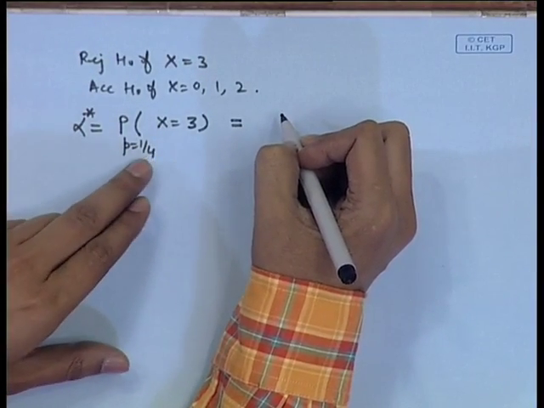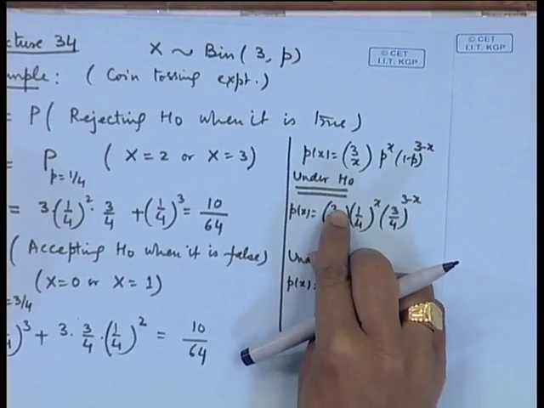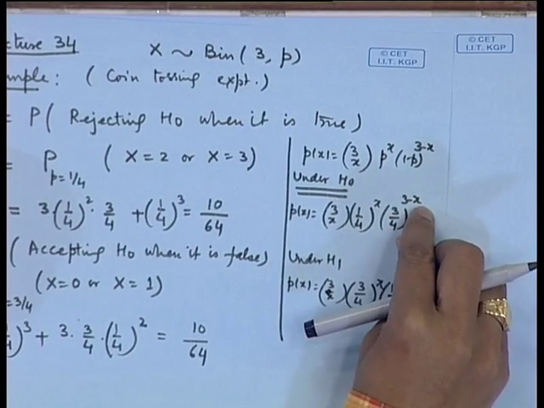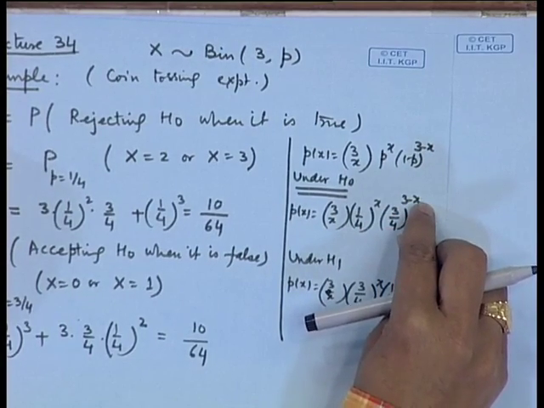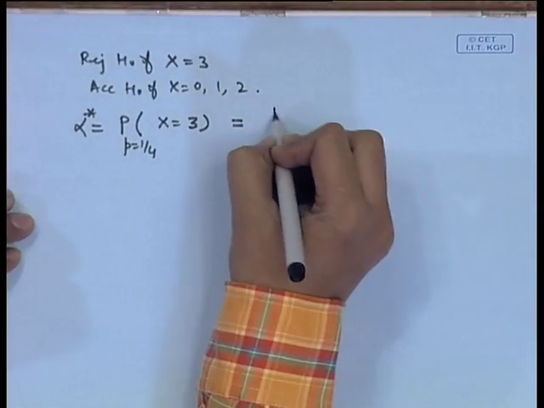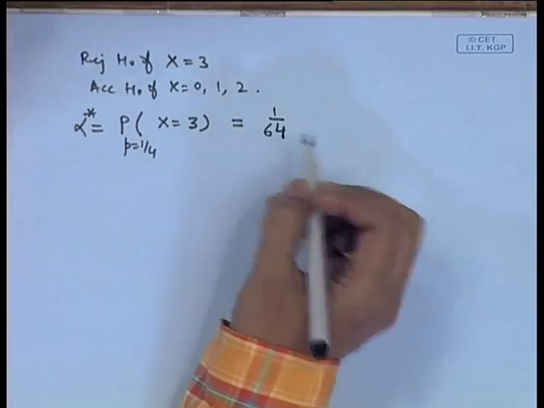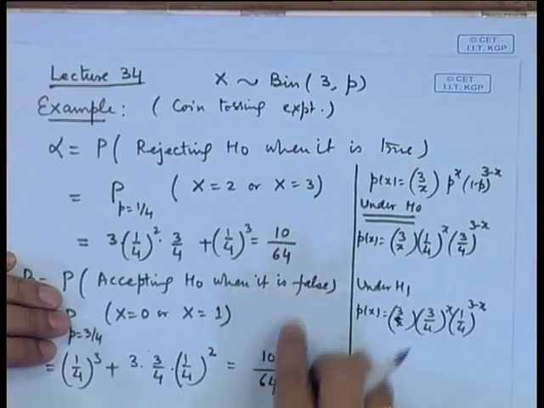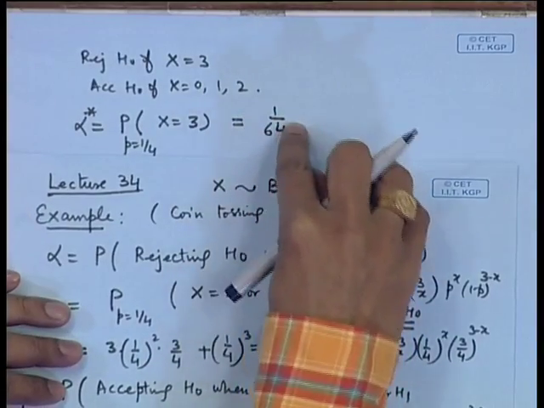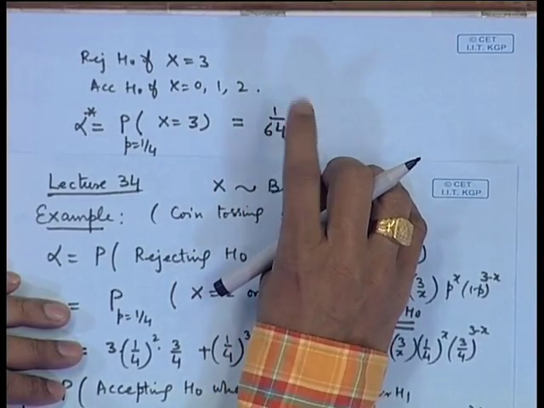So, when p is equal to 1 by 4, we noted down the distribution here, 3 c x 1 by 4 to the power x, 3 by 4 to the power 3 minus x. If we substitute x is equal to 3 here, I get 1 by 4 cube, that is 1 by 64. So, naturally you can see here that the earlier test is having alpha equal to 10 by 64, this is having 1 by 64. So, this is having a much smaller probability of type 1 error.